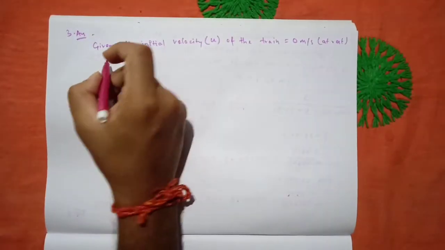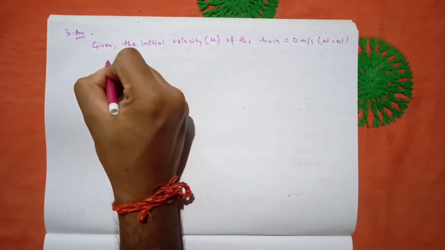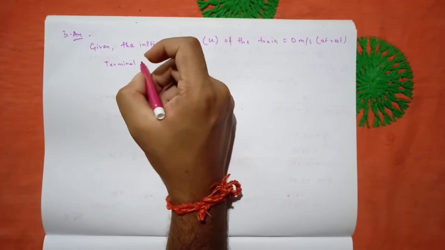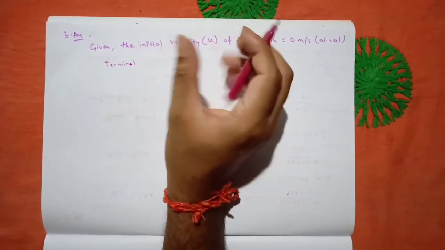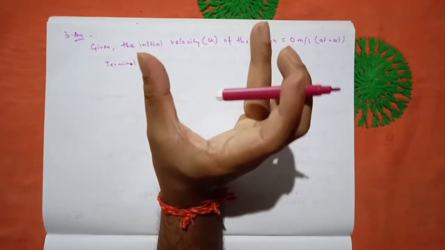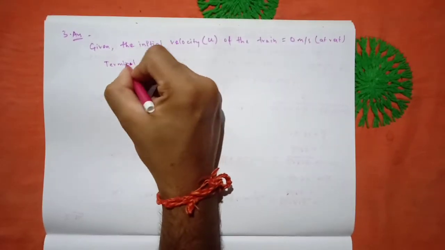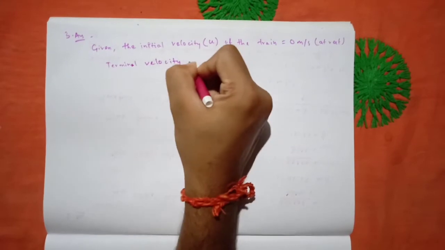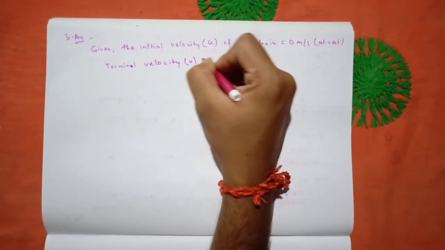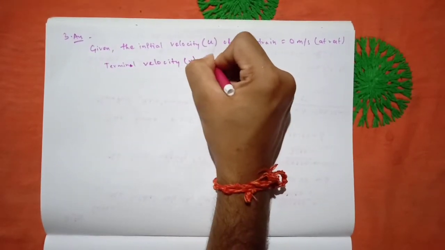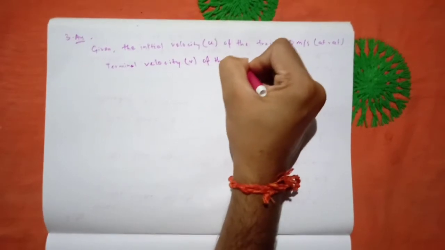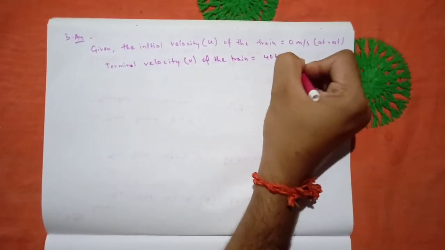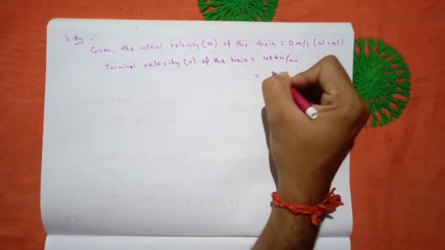Okay, then the terminal velocity, or the final velocity, which is attained at the 10th minute. So it will be taken as the terminal velocity, which can also be said as the final velocity of the train, is 40 km per hour, which we have to convert.